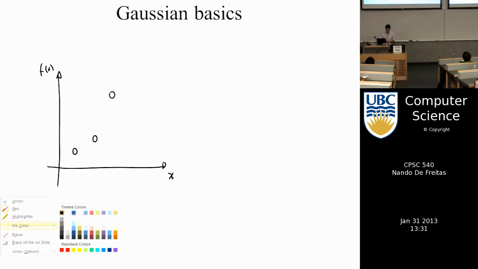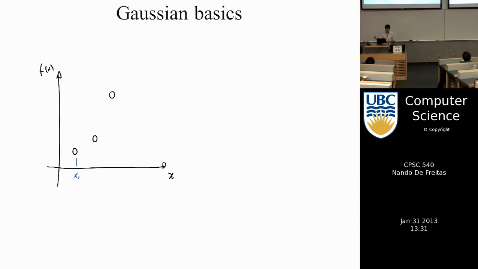Okay, so we have again x1, x2, x3. So I argued that for a point x star, I know its mean and variance, something like this.